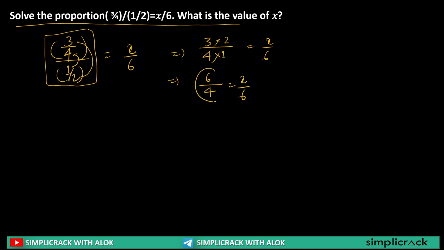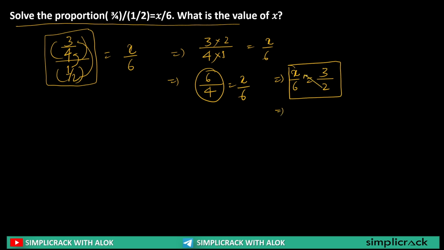Now this can be shortened, right? So this can be written as x by 6 is equal to, if I divide 6 by 3 I will get 2, and if I divide 4 by 2 I will get 2. So now this is the shortest possible form. Yes sir, this is the shortest possible form.